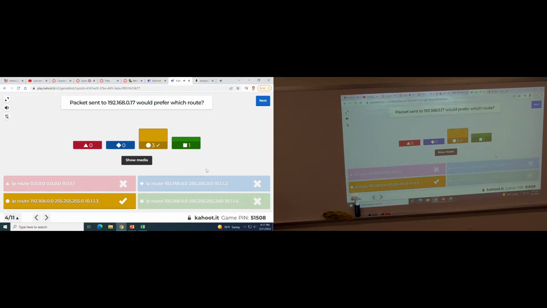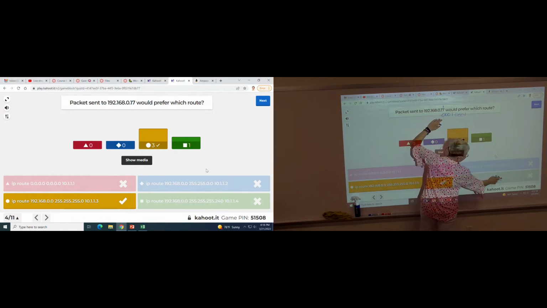Okay, yeah. See, the reason it didn't work this time is because the first octet works, the second octet and the third octet, but this 240 means that we're looking at the fourth octet, right?